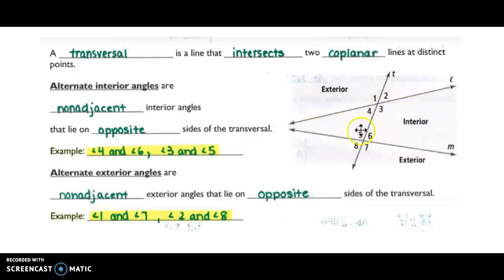Angles 3, 4, 5, 6 are interior, and angles 1, 2, 7, 8 are on the exterior. 3 and 5 are also another pair of alternate interior angles. And then you have alternate exterior, angles 1 and 7 and 2 and 8, again, opposite side of the transversal.